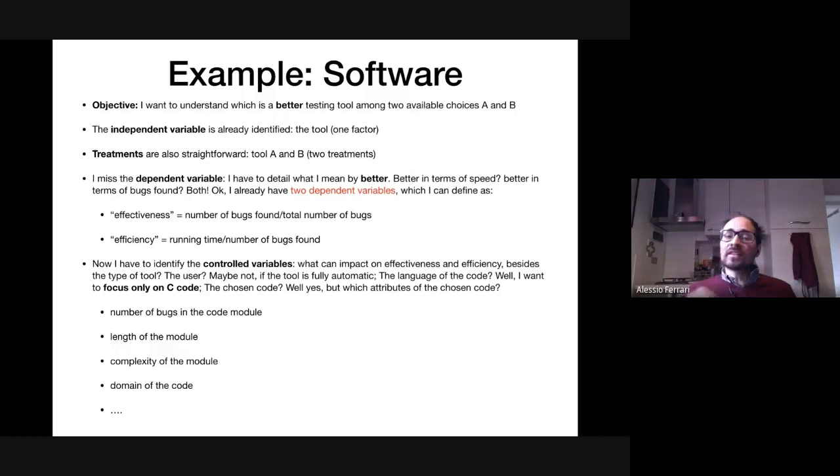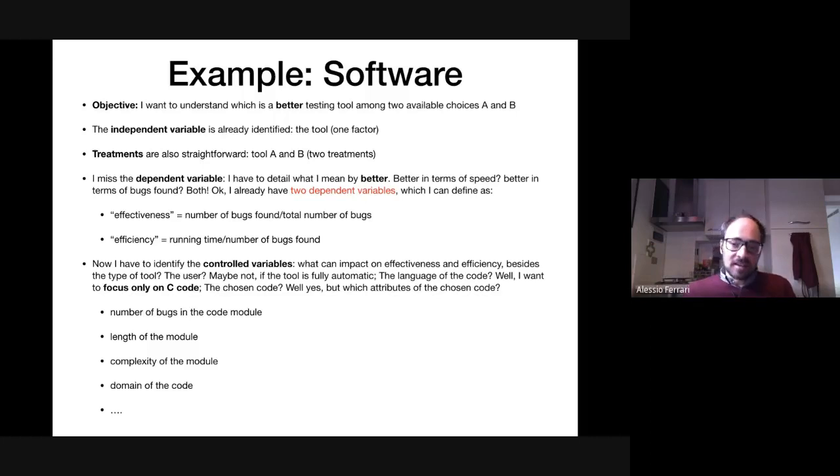So a certain tool may be more effective for the specific features of the safety critical sector, of the railway sector, for example, while it may not work properly if the C code has pointers and other characteristics.